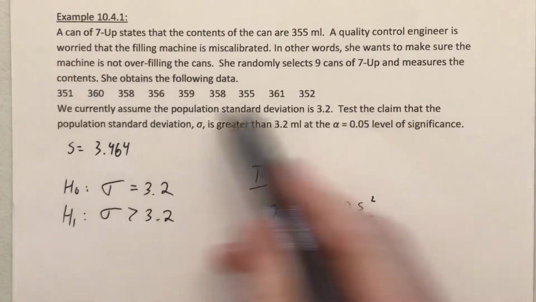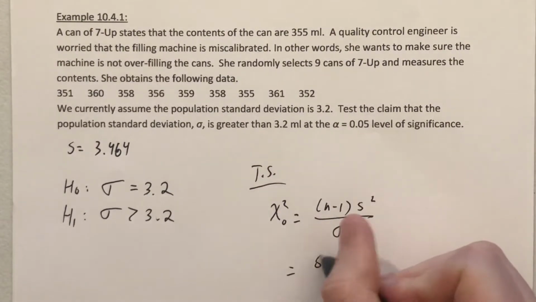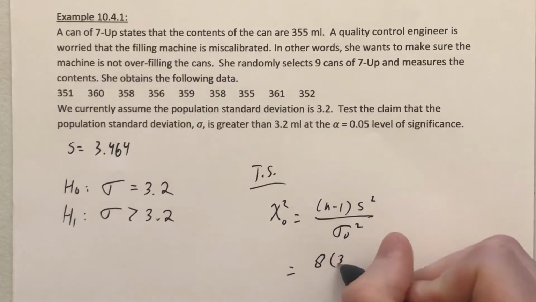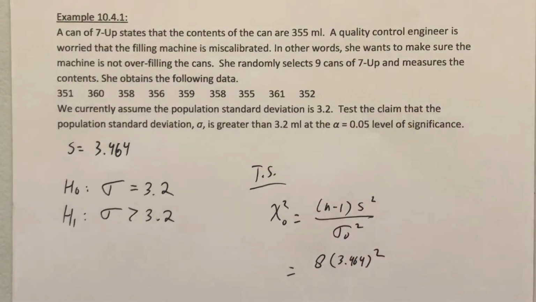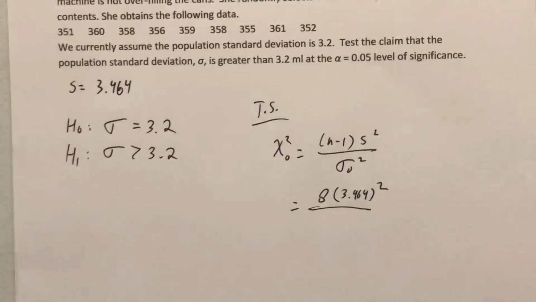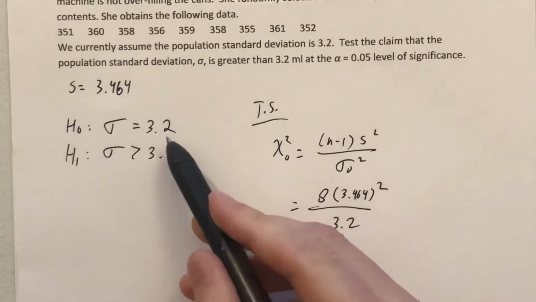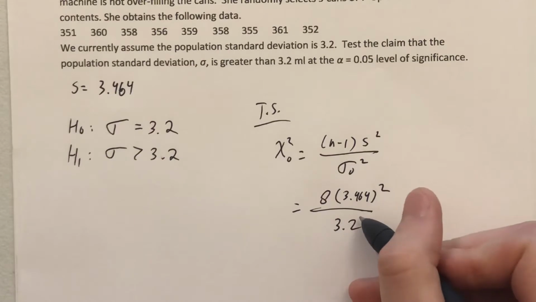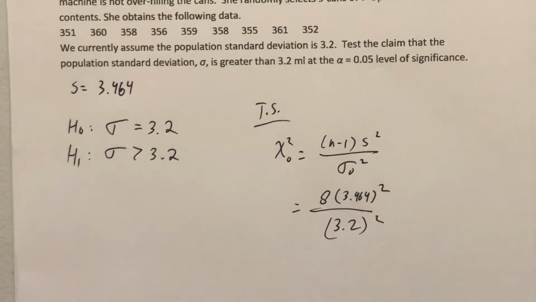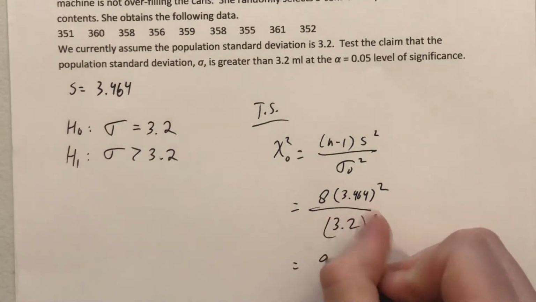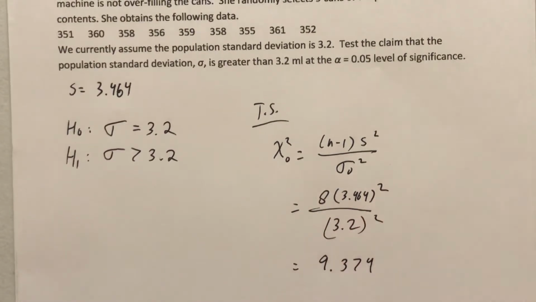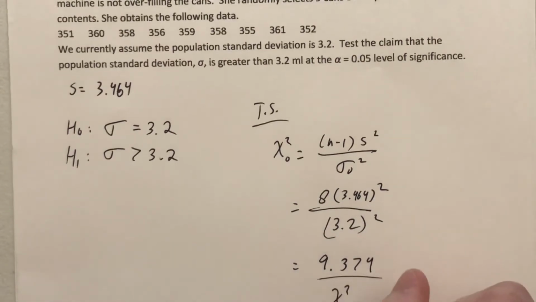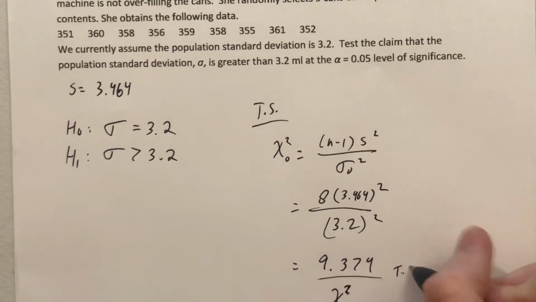So our sample size, well, there were 9 of them, so that's 9 minus 1, that'll be 8, times the s squared of our standard deviation, 3.464 squared, over the currently believed sigma naught of 3.2 squared. And that's coming out to 9.374. So again, that's our chi-squared naught value, or what we would call our test statistic.